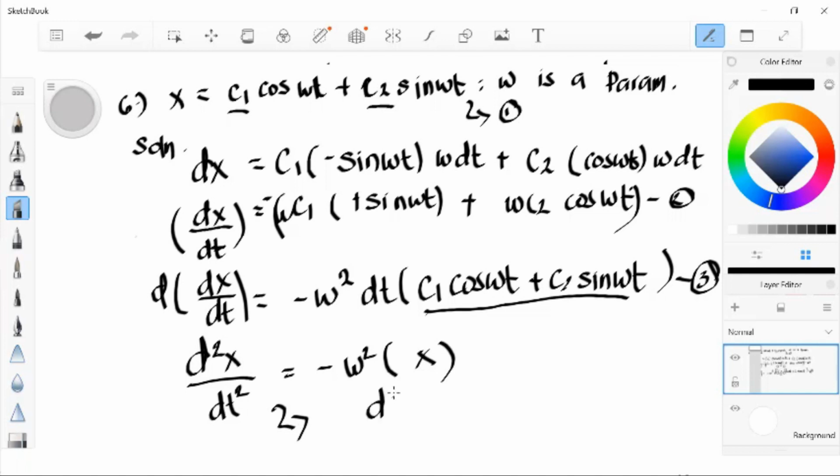Therefore, the final answer would be d squared x over dt squared plus w squared x is equal to 0. Final answer.